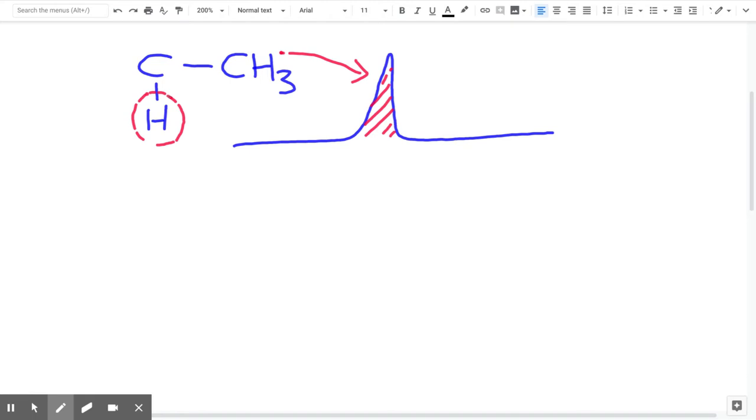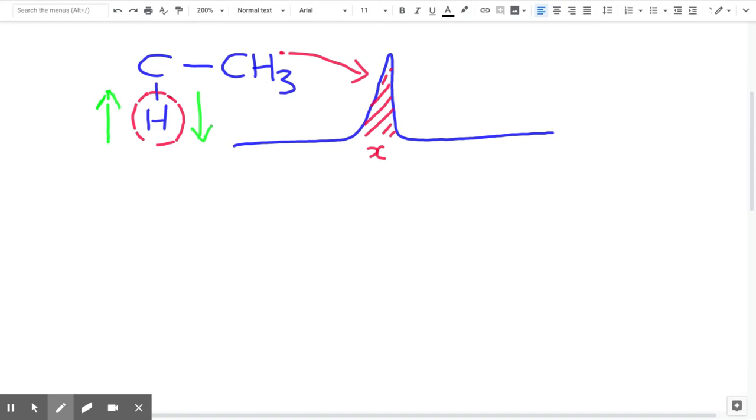It is now possible that this peak, which had a magnetic field due to X, if we use the same terminology as in the previous ones, is in a situation whereby this proton in the adjacent position can either align itself with the magnetic field or align itself against the magnetic field.